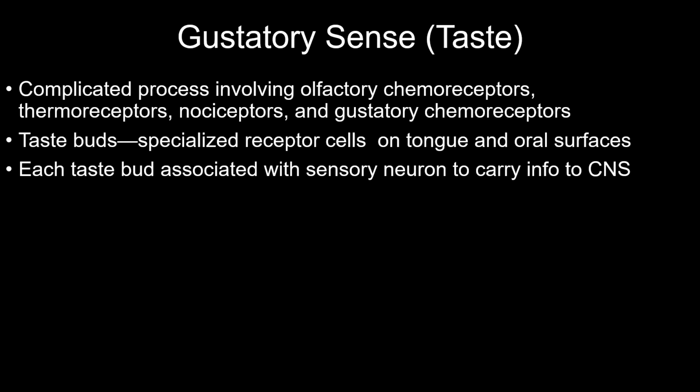Now, other sensations like food temperature and texture, these are detected by those general sensory neurons. Some foods just quote unquote taste better when they're warm, or the texture of a food may not be appealing in spite of a pleasant taste. A lot of people have this with coconut. They may not like the texture, it's very fibrous, but they like the taste.